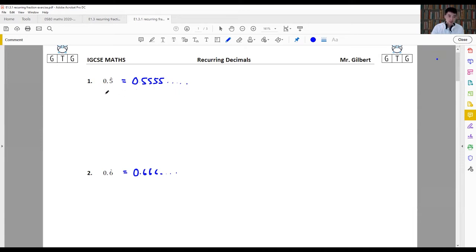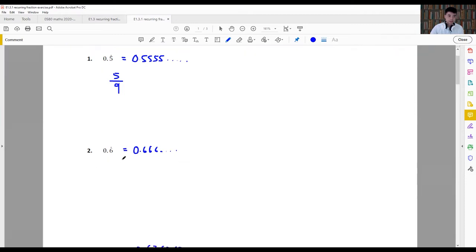No matter how many recurring decimals we have, we always divide that number by 9. So if you type 0.5 recurring into your calculator, this can be converted directly into 5/9. If you change it between a fraction and a decimal, this would just be 0.55555.